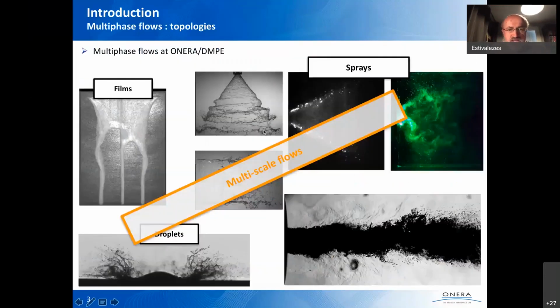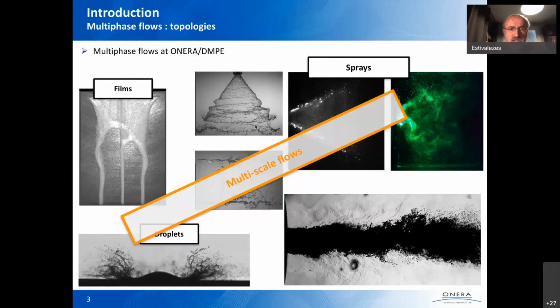Okay, so the idea is to understand how we go from the bulk liquid phase to the atomized phase in order to provide industrial people a way to optimize the injection system of this type of engine.